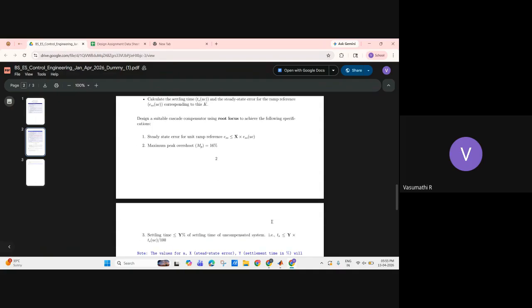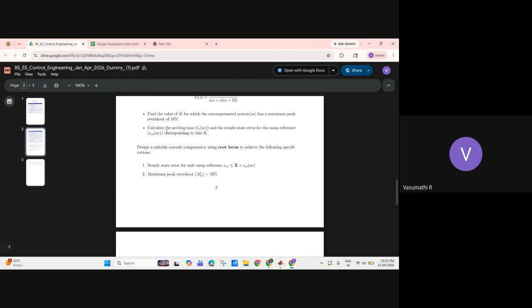That's it. So the design should follow: the steady state error for unit ramp reference, E_ss, should be less than your X value times E_ss of UC, where UC is the uncompensated system. Here you will find the steady state error for the ramp reference in MATLAB, right? This is your E_ss UC that you will multiply with your X as an upper bound.